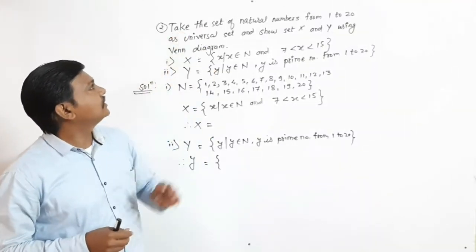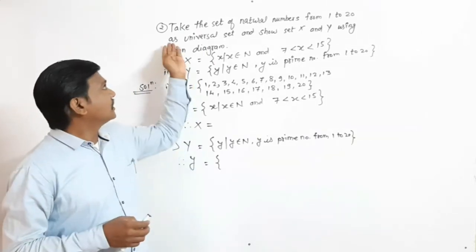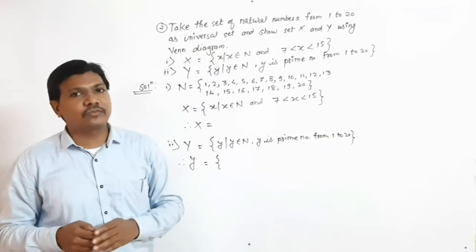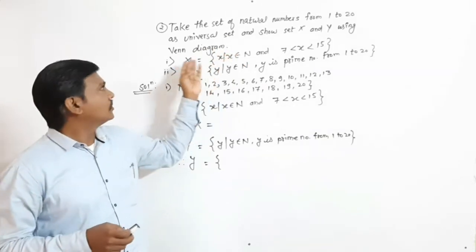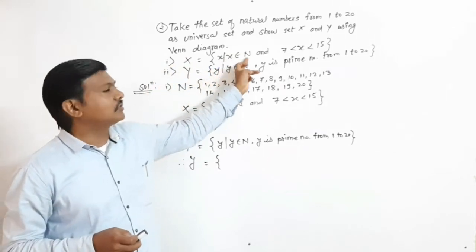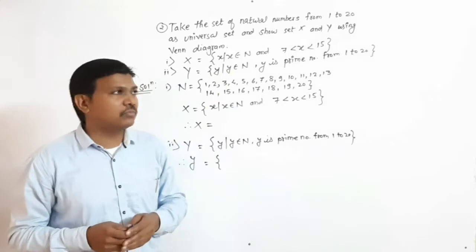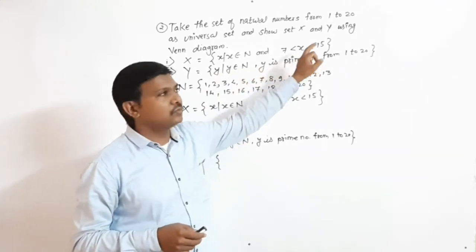The question is to take the set of natural numbers from 1 to 20 as the universal set and show sets X and Y using a Venn diagram. First, X is the set of all x such that x belongs to N, a natural number, and x is greater than 7 but less than 15.